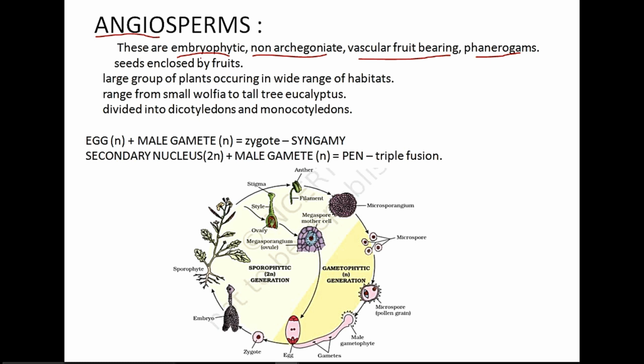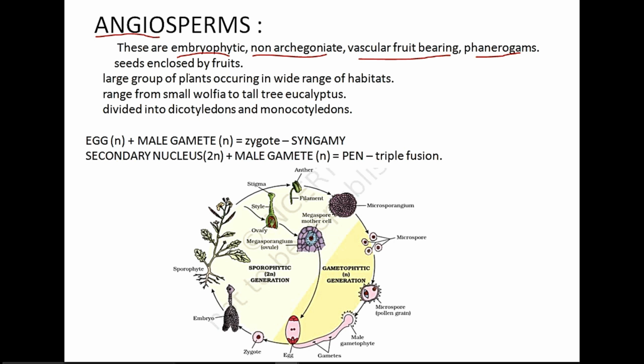The ovules are present inside the ovary of the gynoecium, whereas in gymnosperms the ovules are naked. But in angiosperms, the ovules are present inside the ovary of the gynoecium.